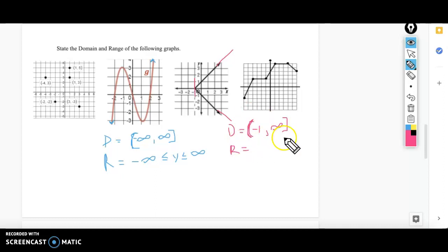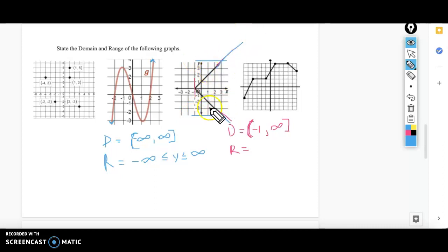Okay, so then down here, we want to look at this. Down here, if I'm doing my y values, I want to, again, find the highest and lowest. Well, again, on this graph, it looks like this is the highest, this is the lowest, but these arrows are going to keep going.